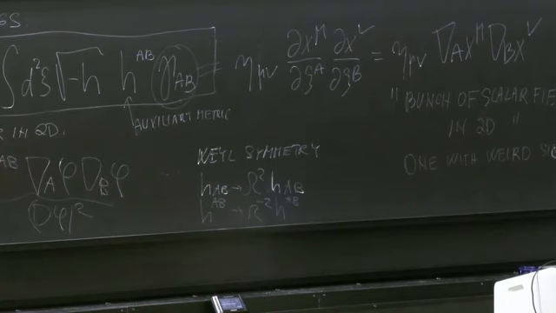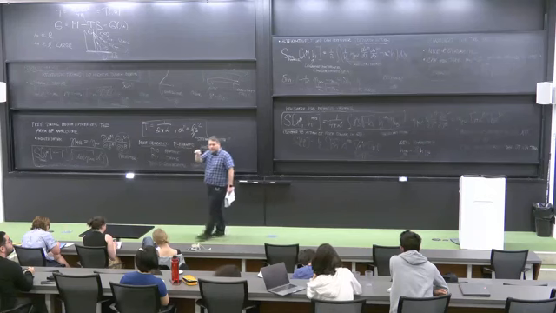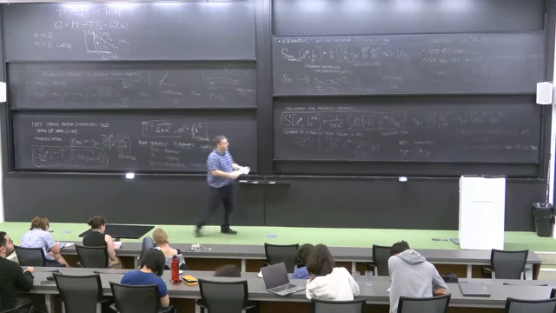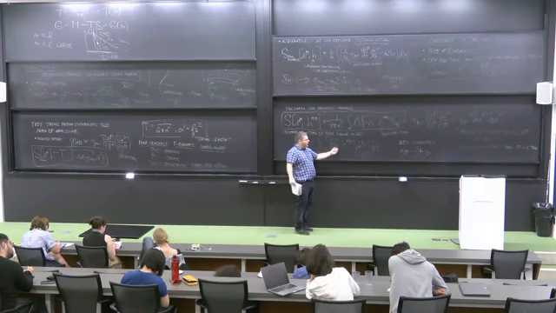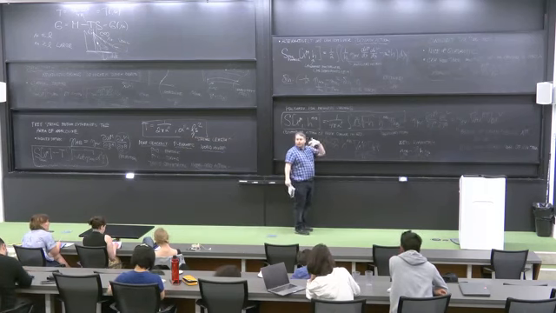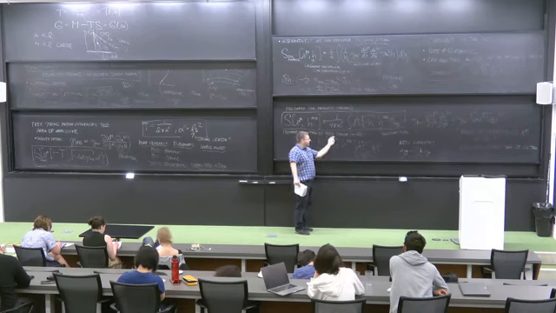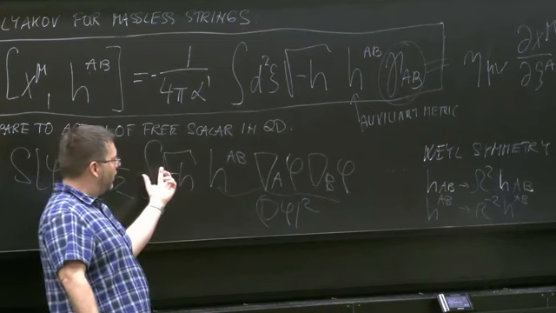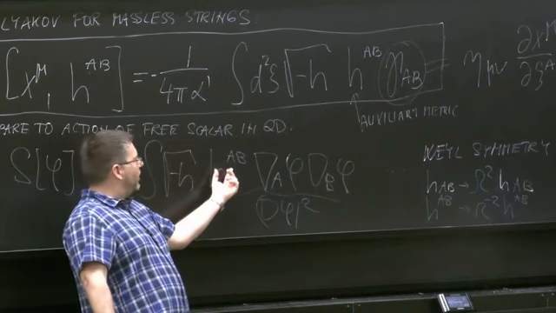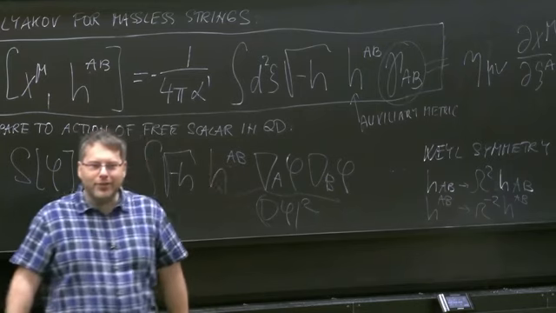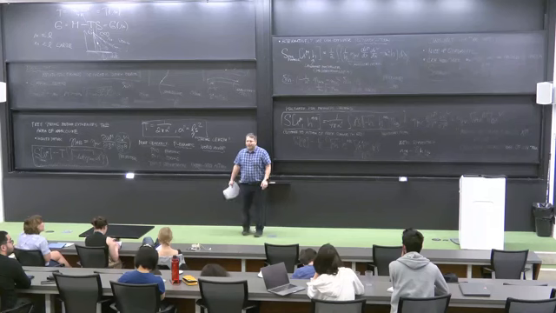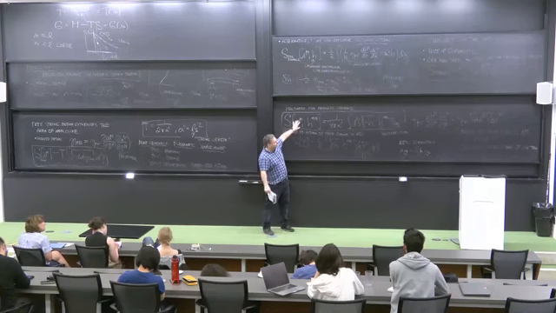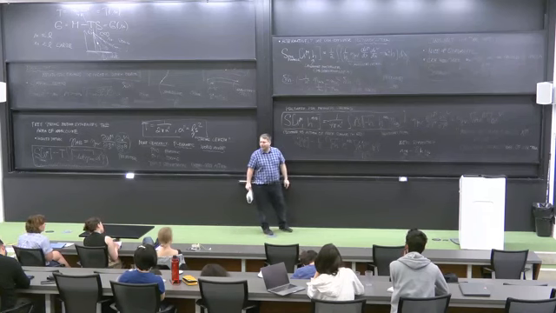And then the determinant, I have a 2 by 2 matrix, so if I want to calculate the determinant of H, it will go like omega to the 4 times the determinant, but I take the square root of that, so it will be like omega square. And I will have omega minus square coming from this guy, and you see that this is invariant. So this particular action has Weyl symmetry.